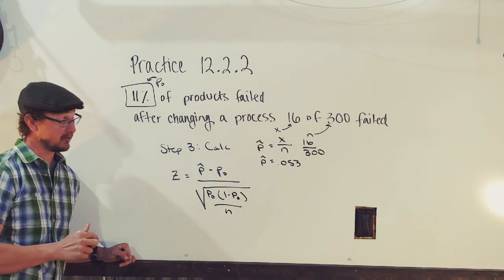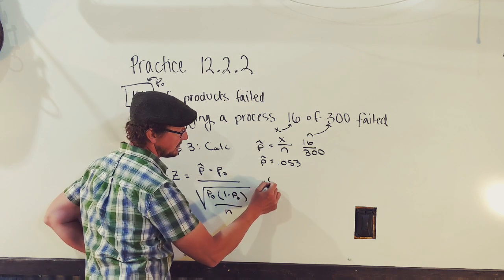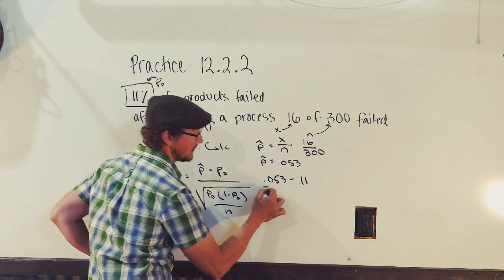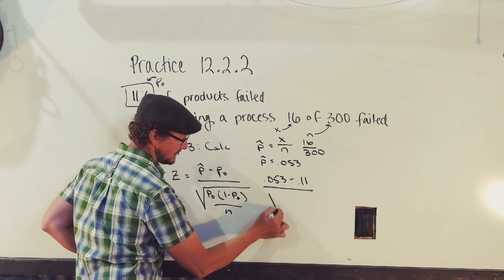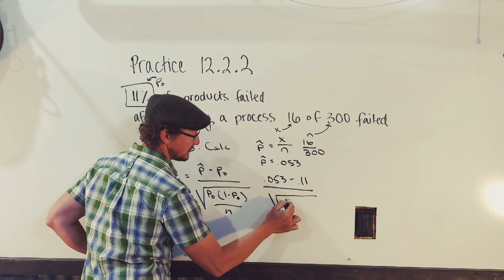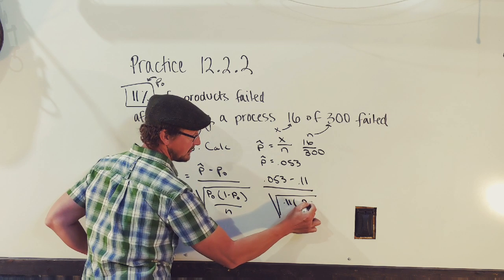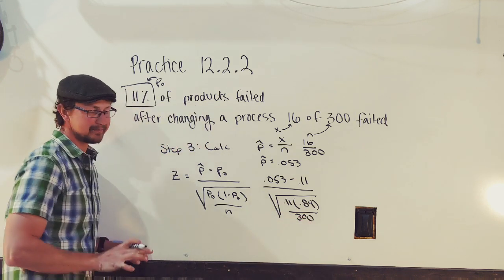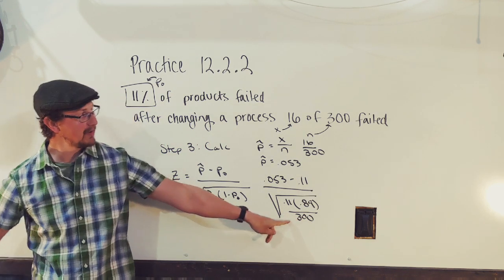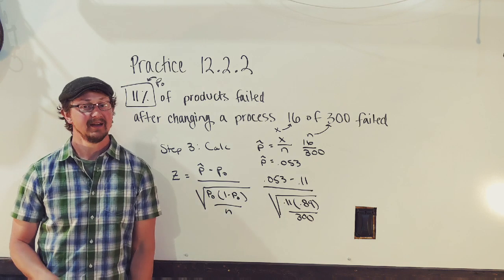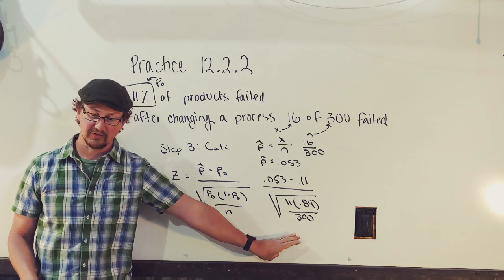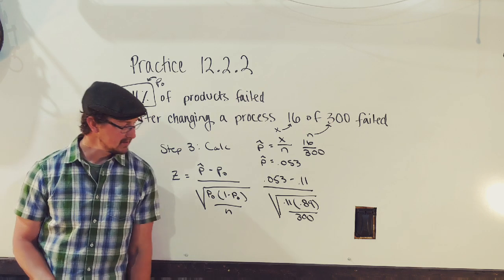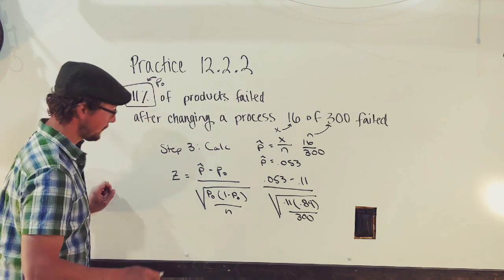Let's drop in some numbers. 0.053 minus my 11%, divided by the square root of 11% times its complement over 300. Now this value here, this huge sample size, is going to do a lot of work for us. The result that we're going to get here is going to be pretty impressive.